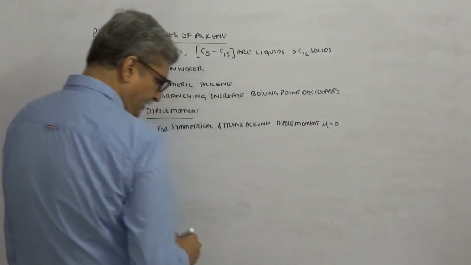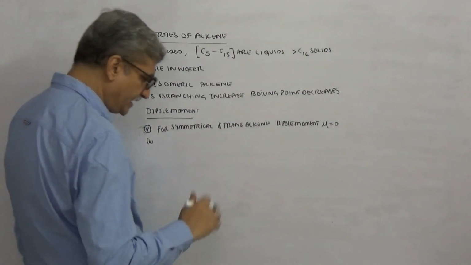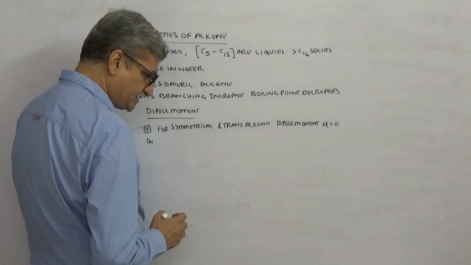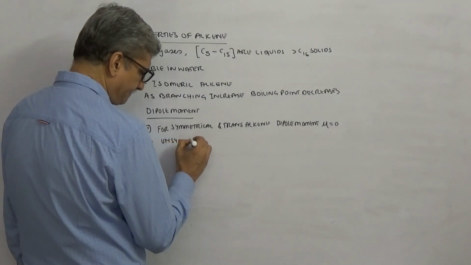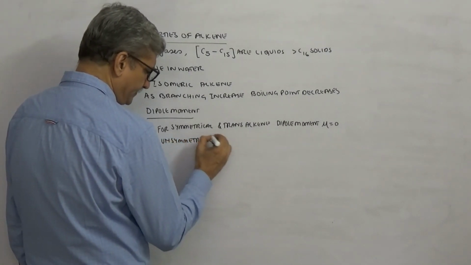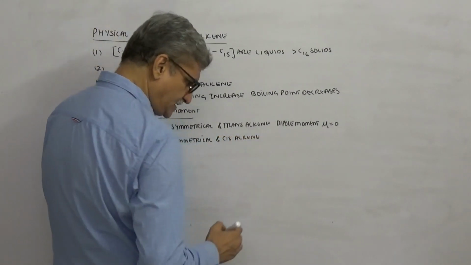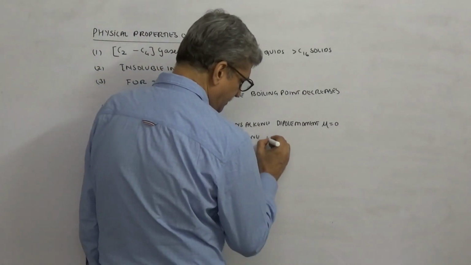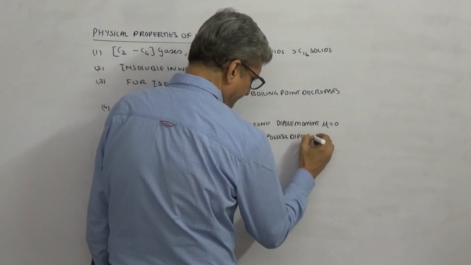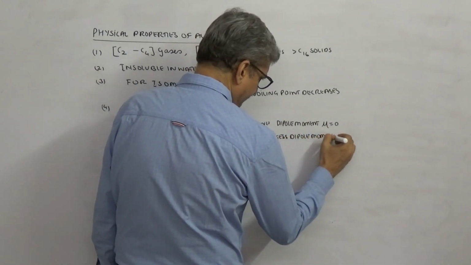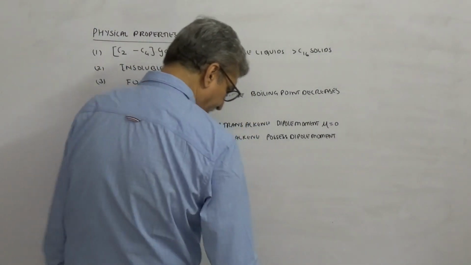Is this clear? Whereas, obviously when dipole moment is 0 it means stability increases. There is a direct connection. Unsymmetrical and cis alkene possess certain dipole moment. Then we come to stability.